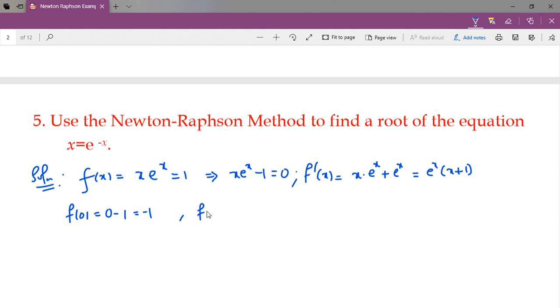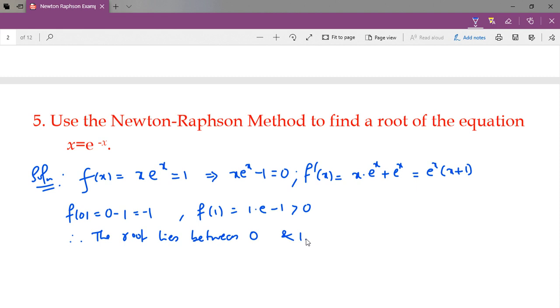Now see f of 1, which is 1 into e minus 1. So 1 into e is 2.7 something. So 2.7 minus 1 will be positive, therefore it is greater than 0. So therefore the root lies between 0 and 1.